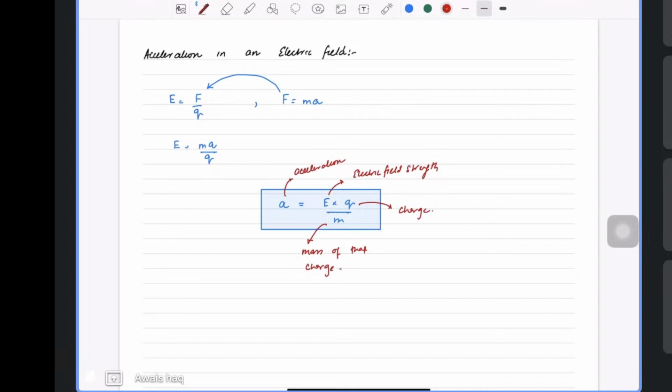So it's fairly simple. There's nothing complicated in it. You just need to put in E is equal to F over Q, and F equals MA is a very common formula. I don't think you will be able to forget it, so you shouldn't. Okay. Alright, Tanjim, do you understand that?